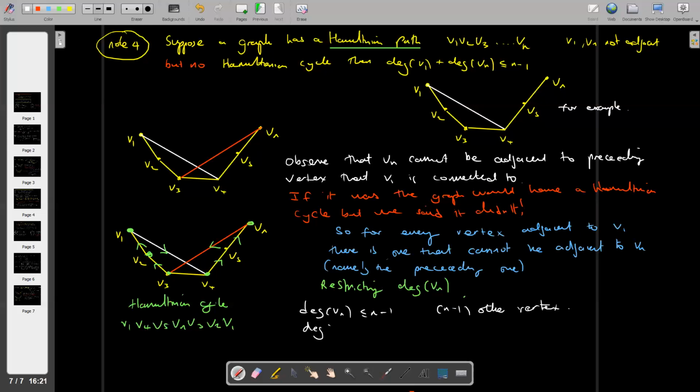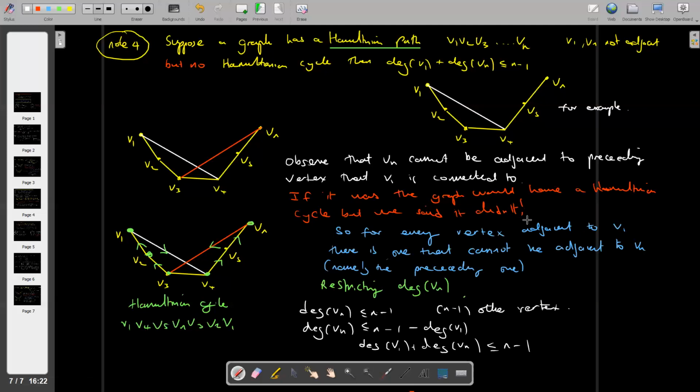We can also take away the degree of V1, because out of all of the ones that would be connected here, Vn cannot be connected to any one that V1 is connected to. If you rearrange this, we've got the degree of V1 plus the degree of Vn is less than or equal to n minus 1.